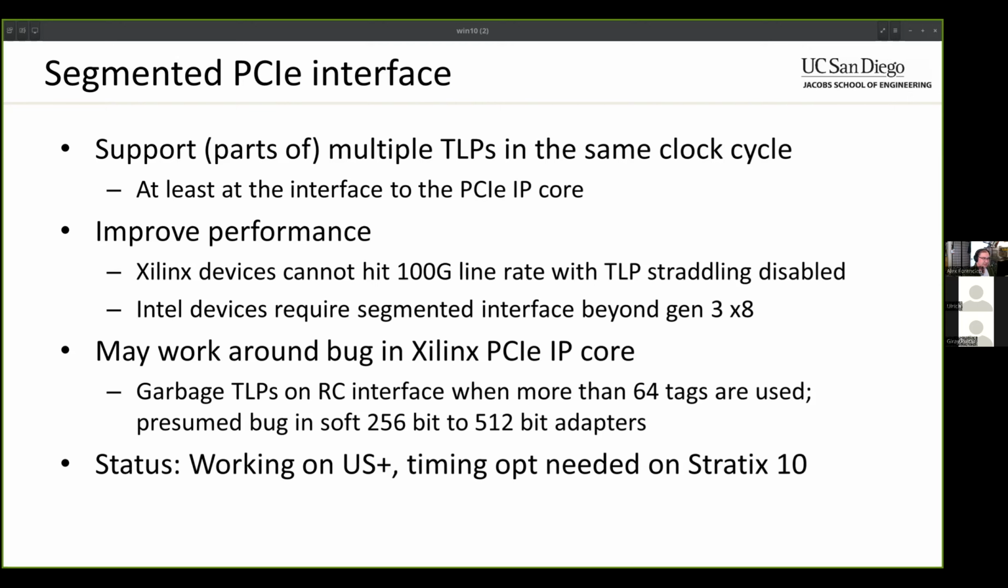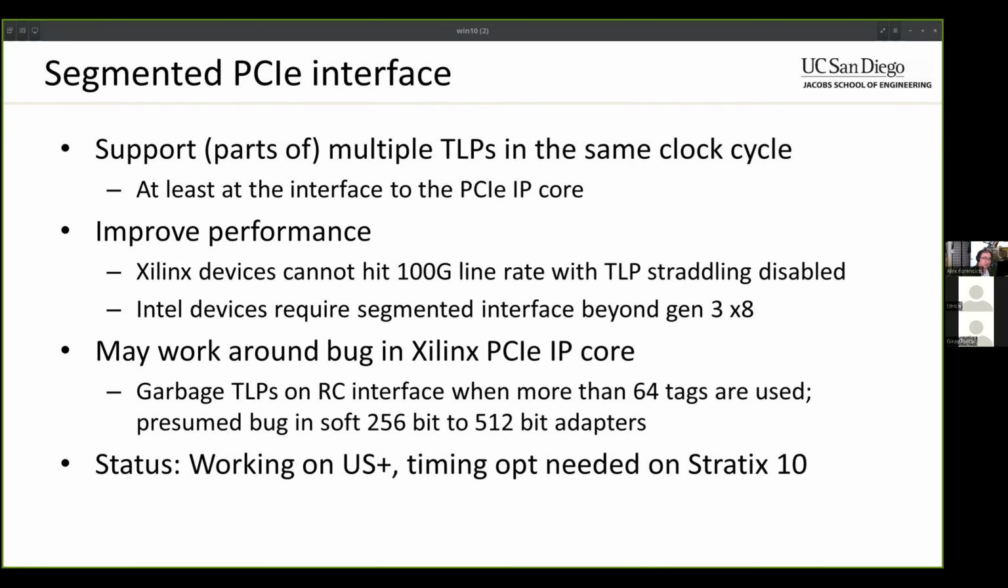Xilinx devices cannot hit 100 gig line rate with the TLP straddling disabled. I think the read performance tops out at 98 gigabits per second, something like that, just raw TLPs. So yeah, for Ethernet traffic, you'd also have to move descriptors and whatnot, so that lowers the rate that you're going to be able to get.